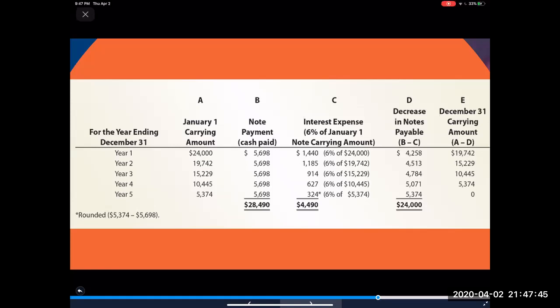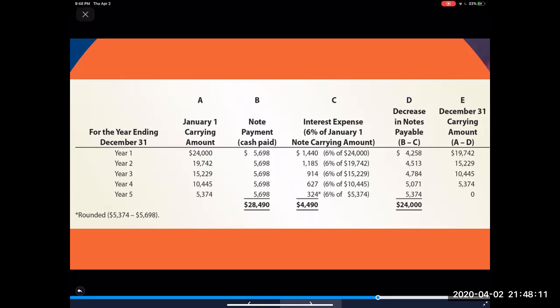Now C is your interest expense. As you can see, over time your interest expense starts to decrease. The interest percentage never changes. It's still at 6%, but your interest amount starts to decrease, and we'll talk about that. And then lastly, you have the decrease in the notes payable, and then the carrying amount.